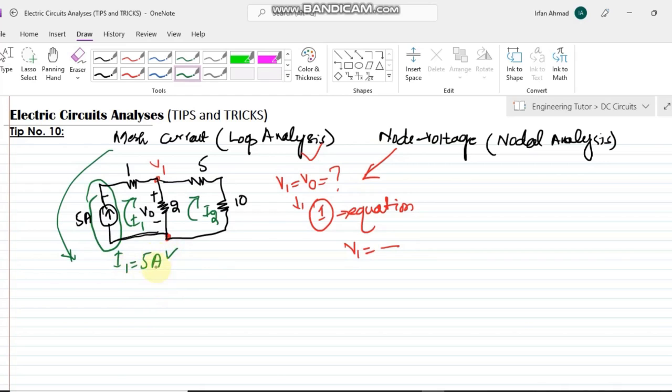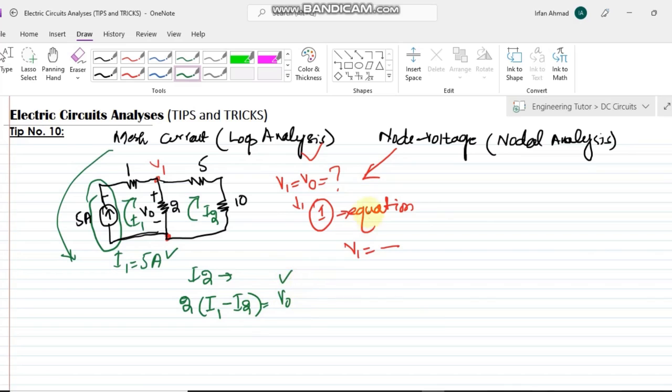After finding the value of I2, we have to multiply it by 2. Sorry, as the direction of the current is here, it will be I1 minus I2 that would be equal to V0.